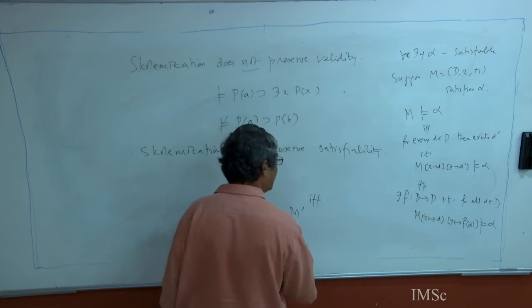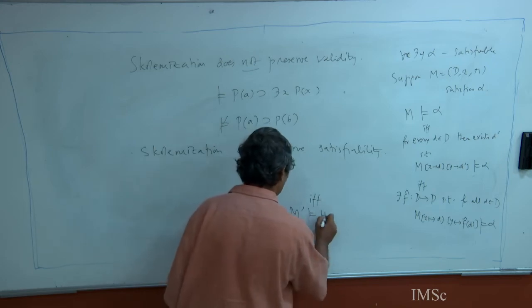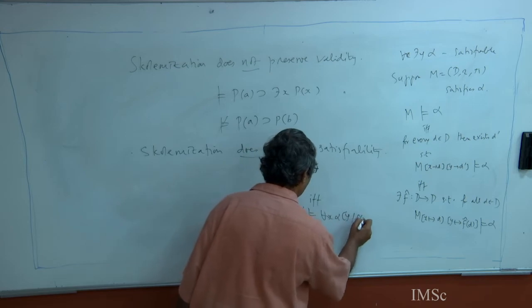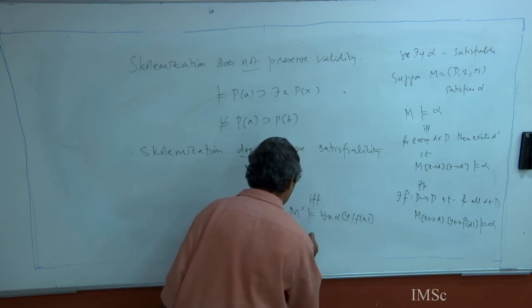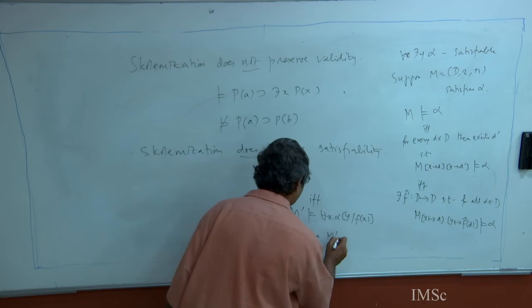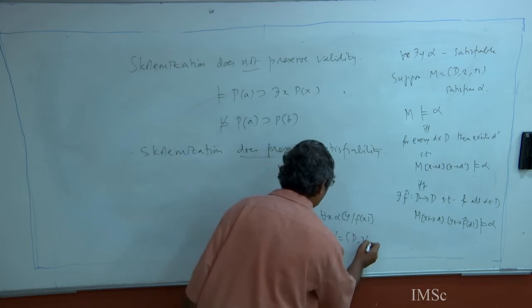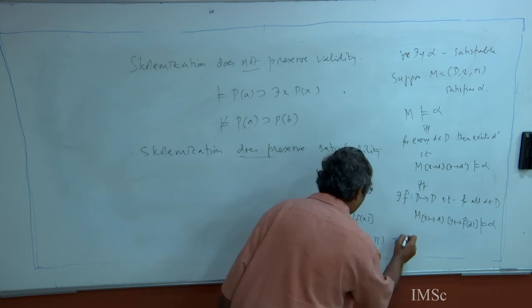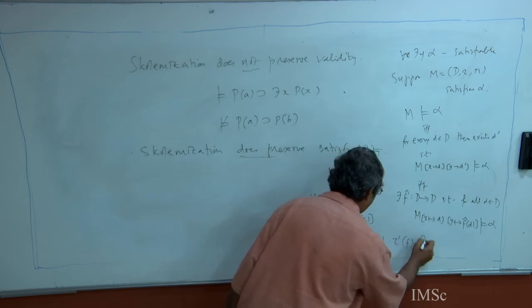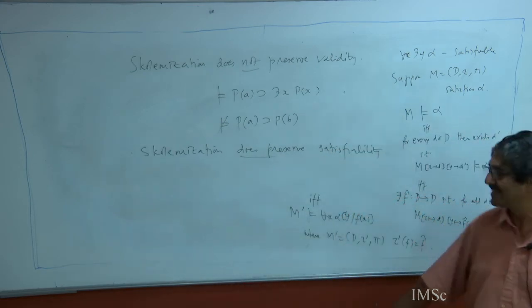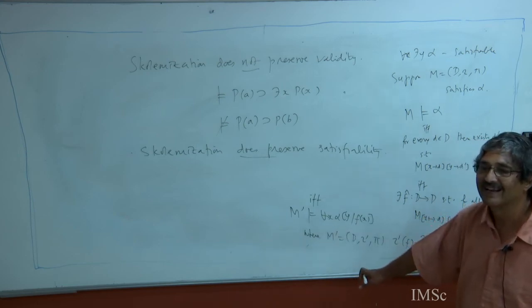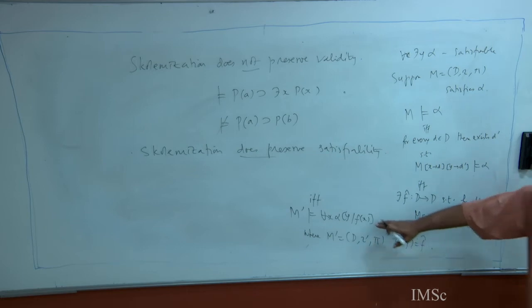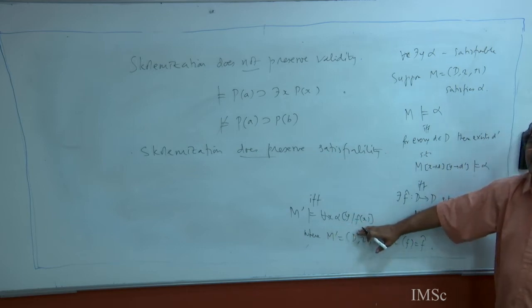This if and only if M prime satisfies for all x, alpha with y replaced by f of x. What is M prime? M prime is D with I prime and pi, where I prime of f equals f hat. It's a new interpretation that you have to look at, right? It's not the same model, because now you have talked about alpha with y replaced by f of x.